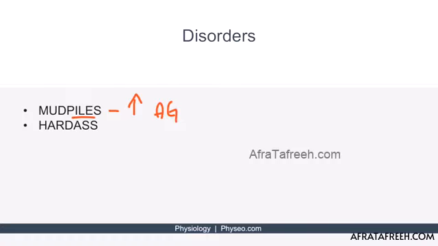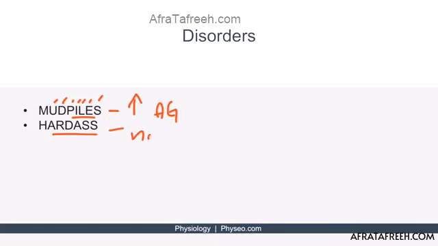M stands for methanol, U stands for uremia, D stands for diabetic ketoacidosis, P stands for propylene glycol, I stands for iron tablets or isoniazid, L stands for lactic acidosis, E stands for ethylene glycol, and S stands for salicylic acid.